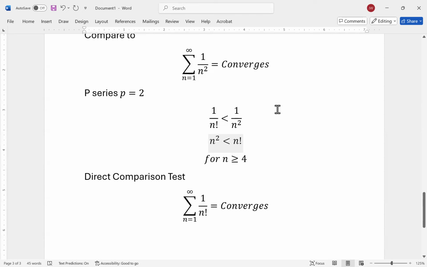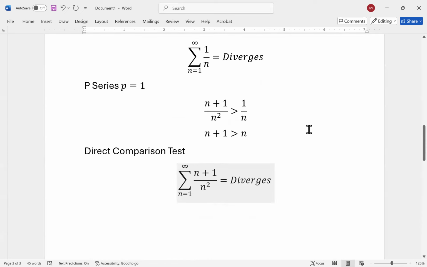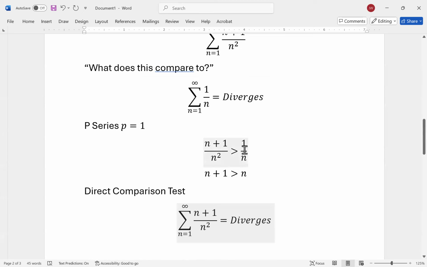If the series with the larger terms converges, then the series with the smaller terms also has to converge. And on the last one, if the series with the smaller terms diverges, then we know the series with the larger terms also has to diverge.